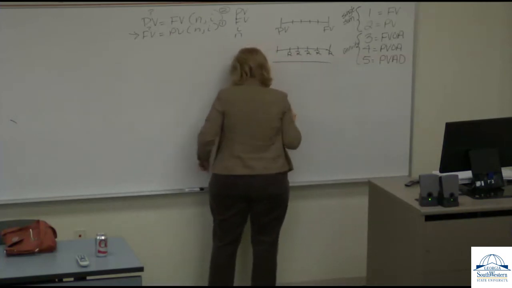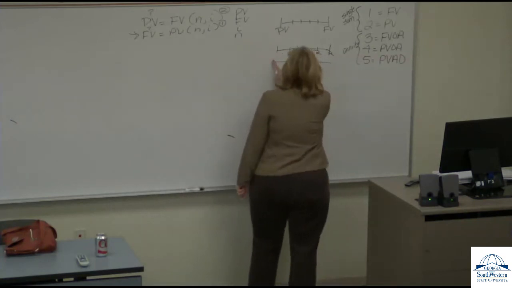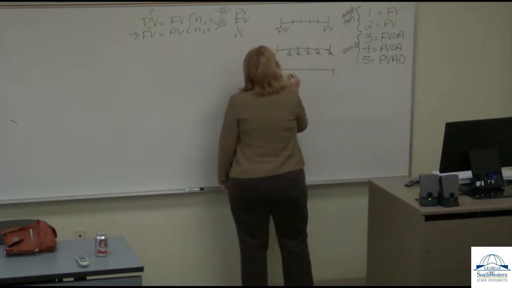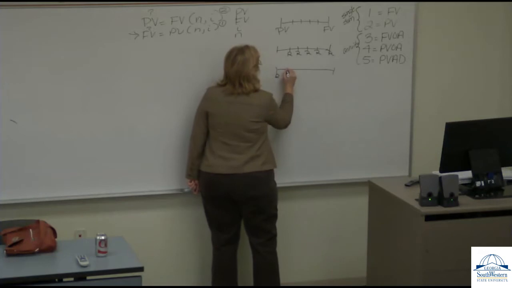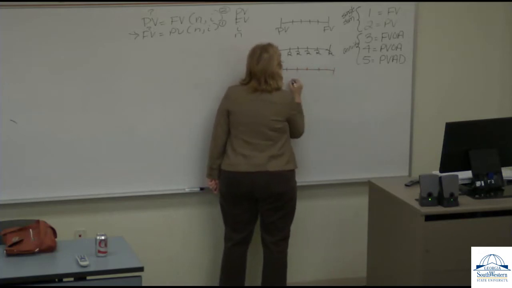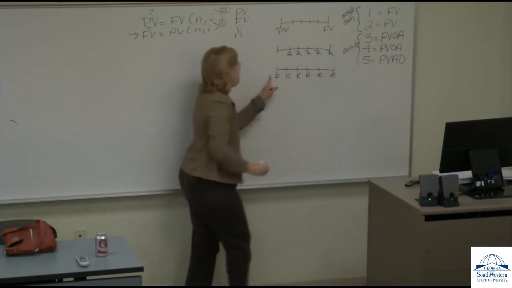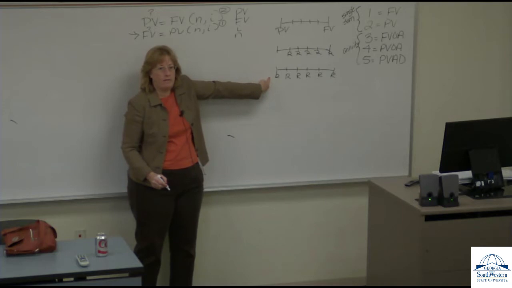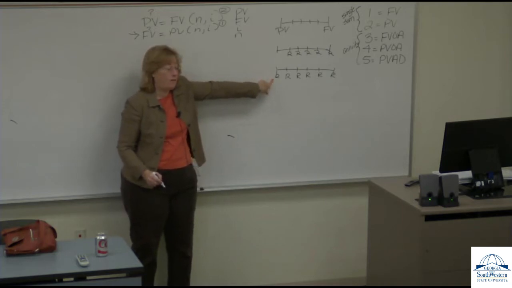In an annuity due, let's just move this down a little bit. Okay. In an annuity due, the rent occurs at the beginning of the period also. Okay, see the difference? The rent occurs at the beginning of the period also. Annuity due. Okay?